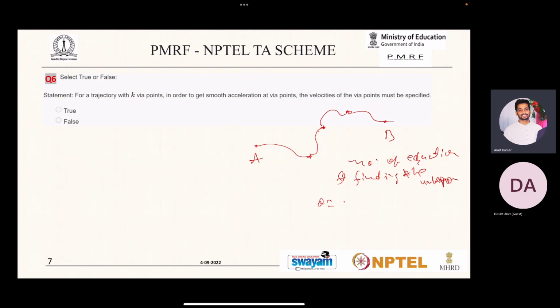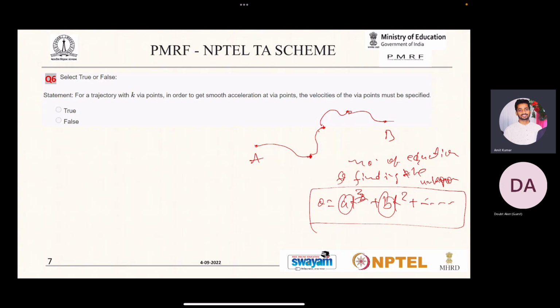Like theta is at squared plus bt cubed plus bt squared plus and so on. So all we need is to find all these coefficients. So we should have enough number of equations to get that. That's why we need to specify the conditions at via points.